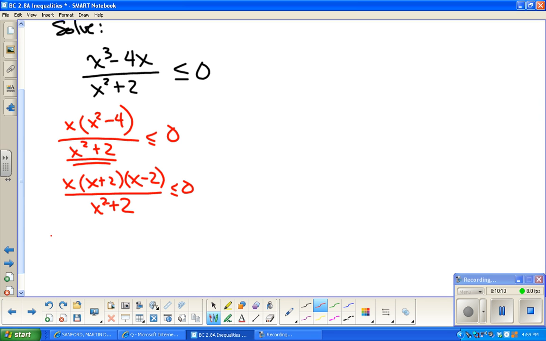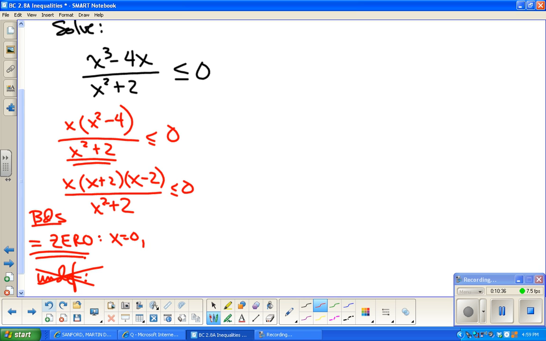So in terms of what makes it equal 0, because those are the boundaries, is where it's going to be equal and also where it's going to be undefined. Again, anywhere it's undefined would be from this denominator equaling 0, and it's never going to equal 0, so I don't have to worry about that, but I do have to worry about the top.